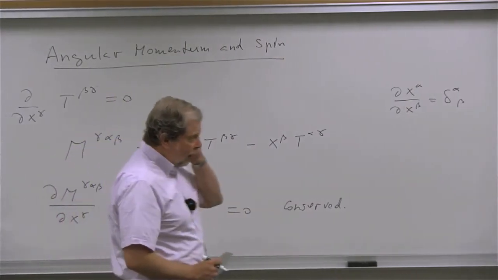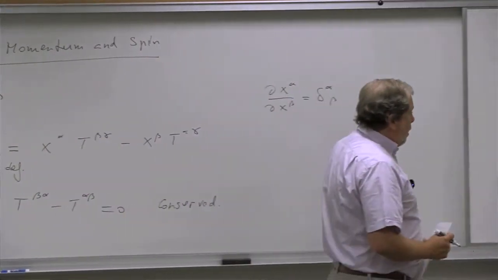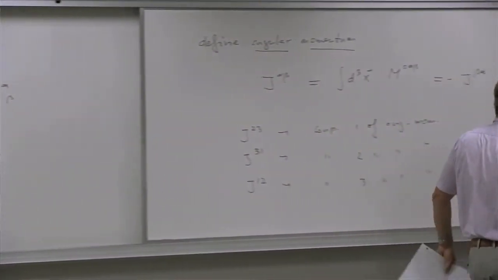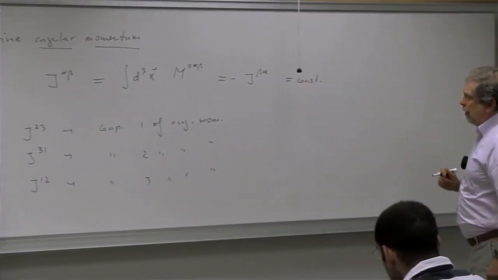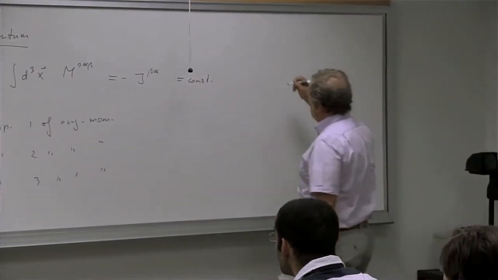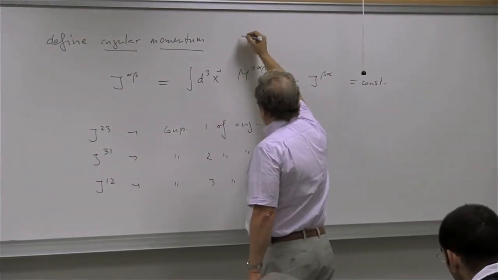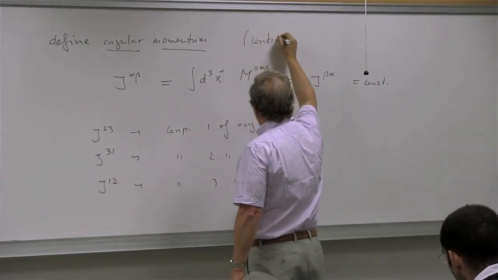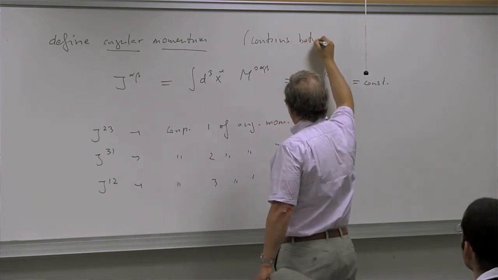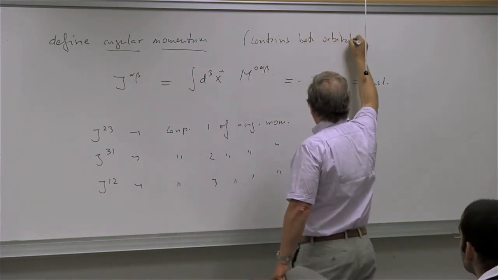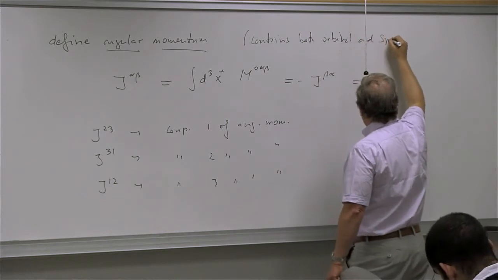And the other thing that one notices, and that you can easily convince yourself, and we will not do it in detail, is that this angular momentum contains both orbital and spin parts.